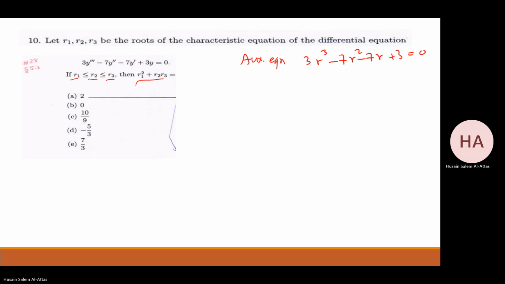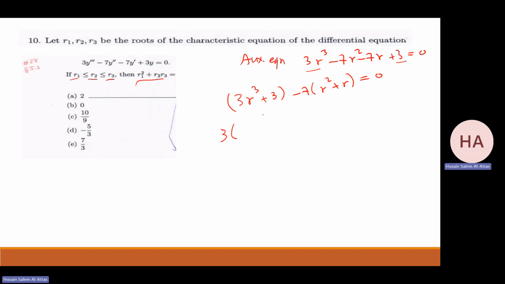Okay. Yeah, how can we combine it? I think if we take this with this, I have what? 3r cubed plus 3 minus 7r squared plus r equals 0. Okay, I think now I can reach something.